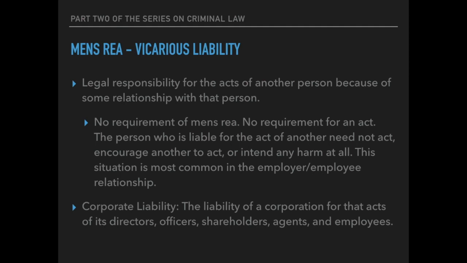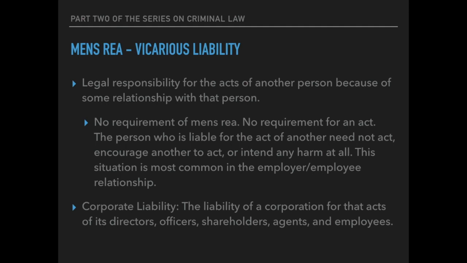For example, if your employees are committing sex crimes against the workers, you didn't have to want to do any of that stuff, but certainly as an employer, you can be held accountable depending on the circumstances. So it's a complex area of law, but you understand the basic concept. You could be vicariously liable for the actions of your employees. So you have to keep an eye on these people.